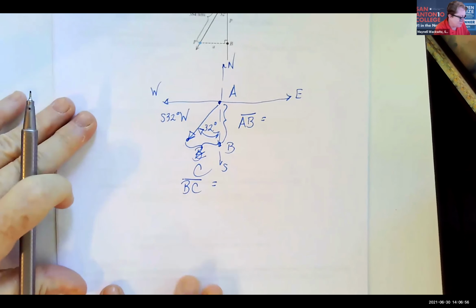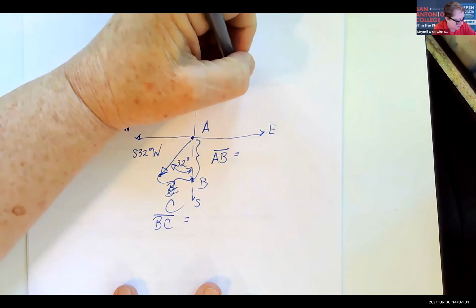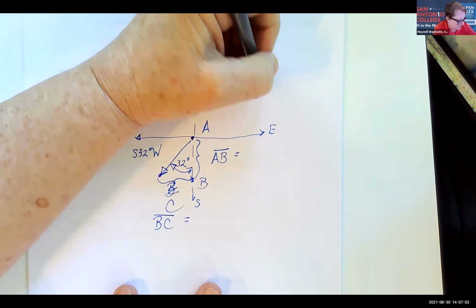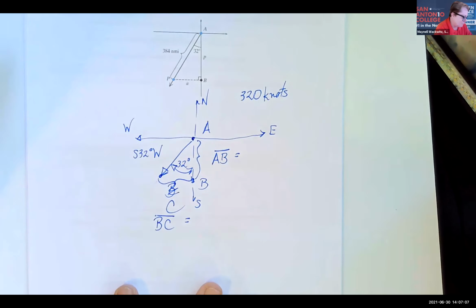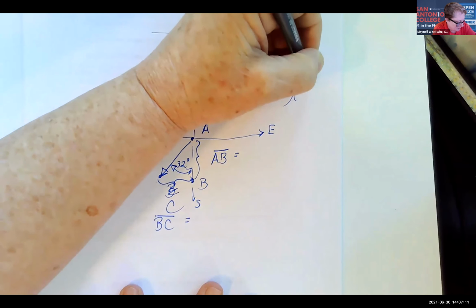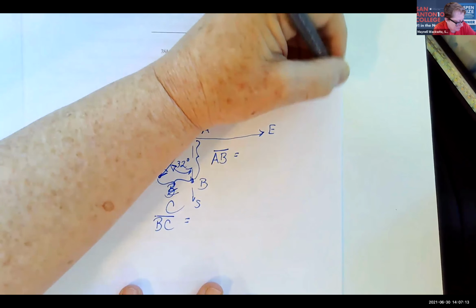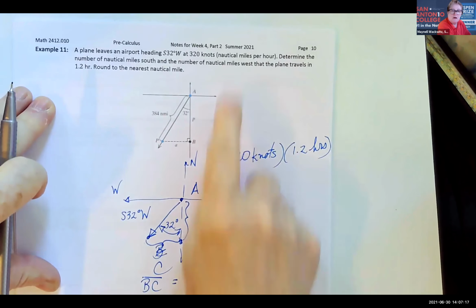And the only thing that they gave us is the plane was traveling at 320 knots for 1.2 hours. And since knots is nautical miles per hour, we don't have to convert.